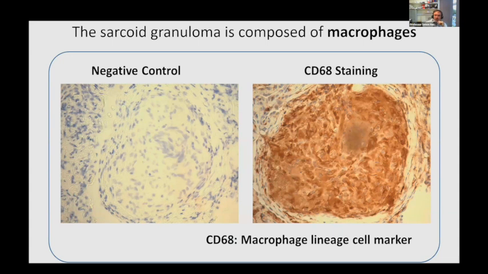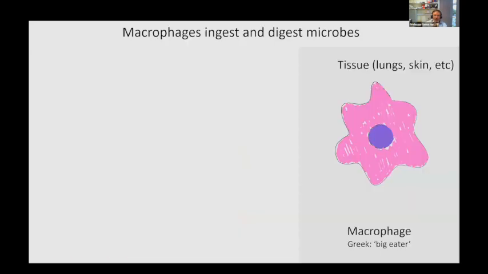Well, granulomas are composed of cells of the immune system called macrophages. We can prove that by staining up macrophages, for example, in a brown stain here on the right. And this shows that the majority of cells in that granuloma are these macrophages. So what is a macrophage and what does it do? Macrophage comes from the Greek big eater.